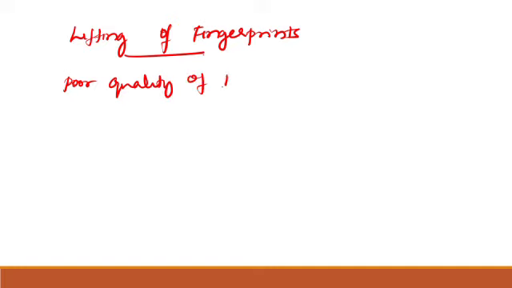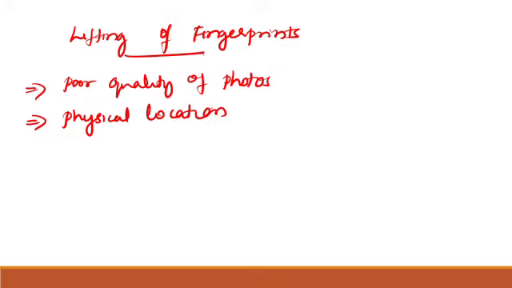So next is lifting of fingerprints. In cases where the recording of fingerprint is not possible, you can go for lifting of the fingerprints. There are cases where it is not possible to take the photograph effectively, due to poor quality of the photograph, or due to the physical location of such prints, or the camera cannot reach, or due to poor contrast or reflection of light, or when the impression is on a multicolored object.